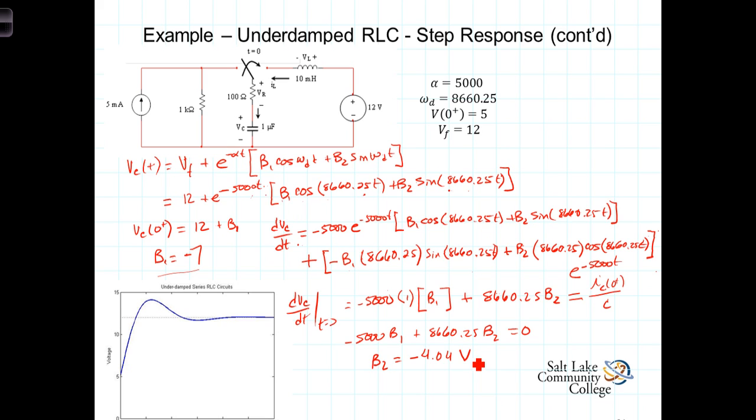So we have now our final solution. V sub c as a function of time is then equal to, coming up here to this, the final value 12 plus e to the minus 5000 t times b1, which we found to be a negative 7, cosine of 8660.25 t, and then b2 turned out to be negative also, minus b2, which was 4.04 times the sine of 8660.25 t.